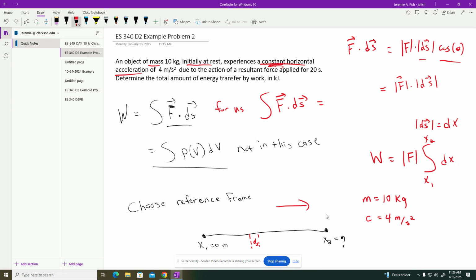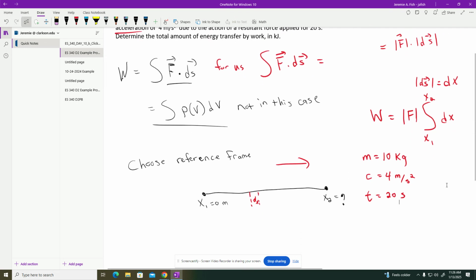And we also know that the time t is going to be 20 seconds. All of these are going to be important for us, as we'll see in a moment. Now, the nice thing is that if we have a constant acceleration, remember that velocity v, which your book uses a capital V for here, is dx/dt, right?